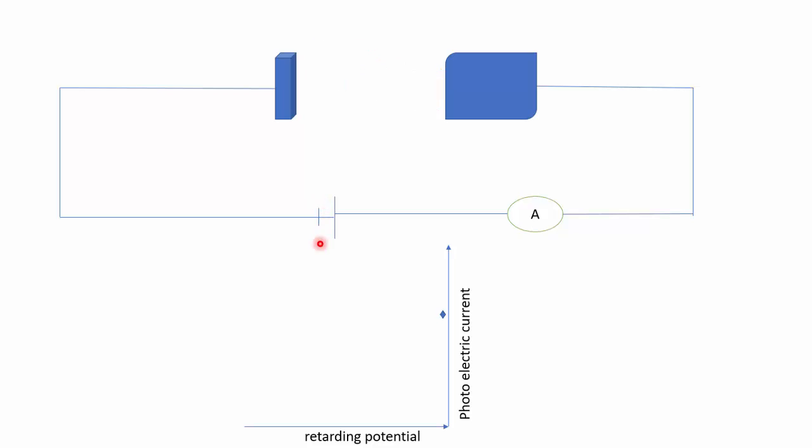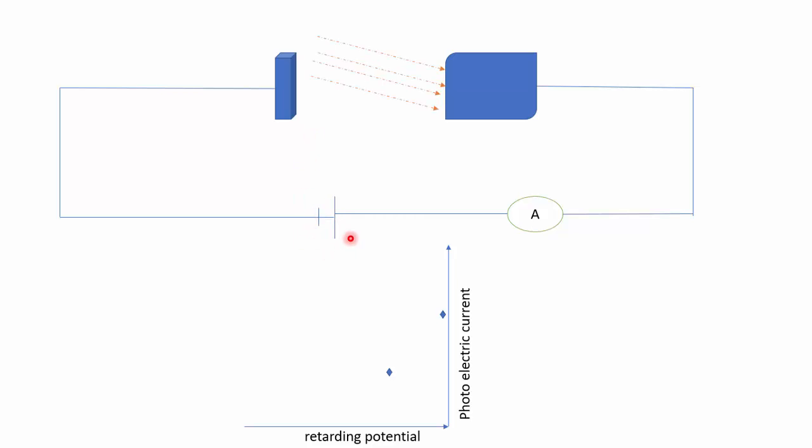But when I increase the voltage, the negative side obstructs the electrons more and more. So if I increase the voltage, now let us say 2 electrons are coming, which means the current decreases and the current value drops.